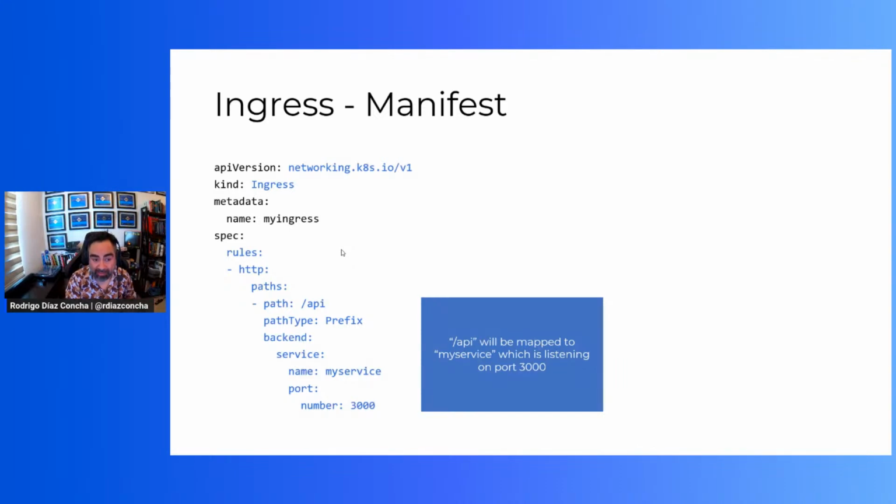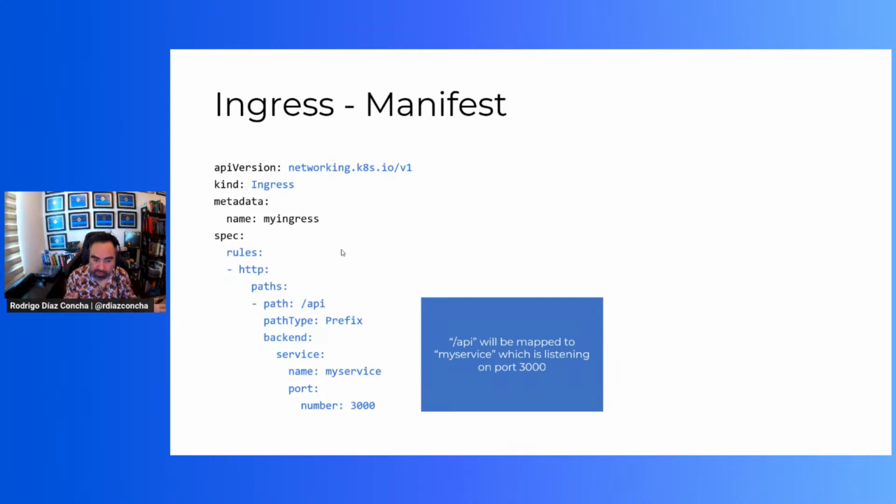And then the spec. Inside the spec, you define the routing rules that you want to use for your different services that you want to expose, right? So for instance, in this particular example, I'm using the /API path to be mapped to my service that is listening on port 3000.